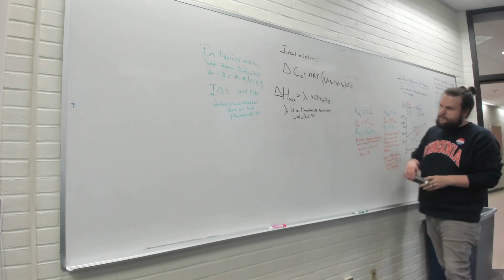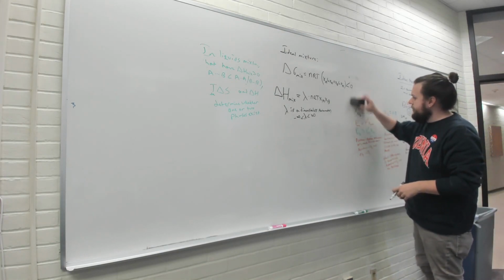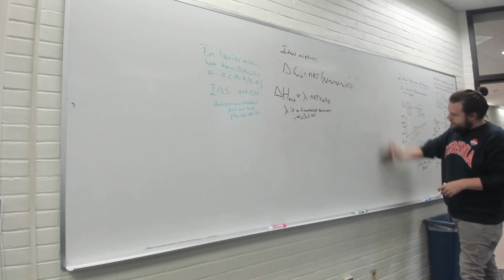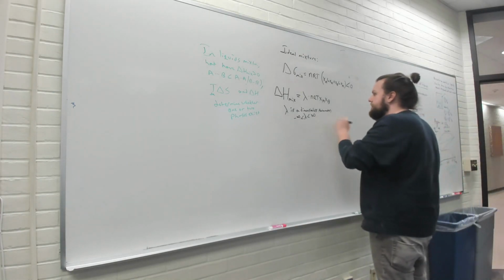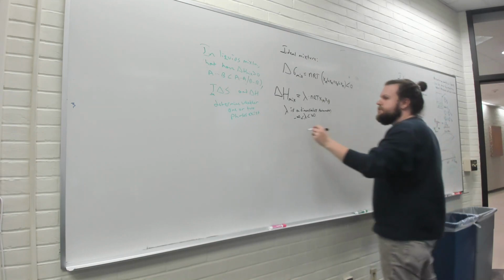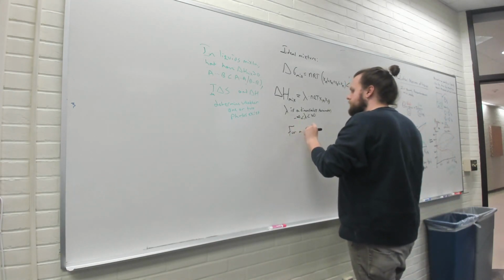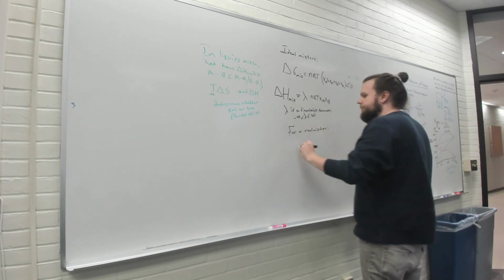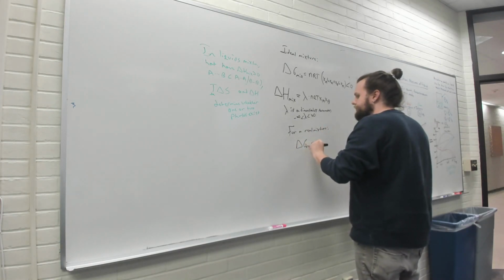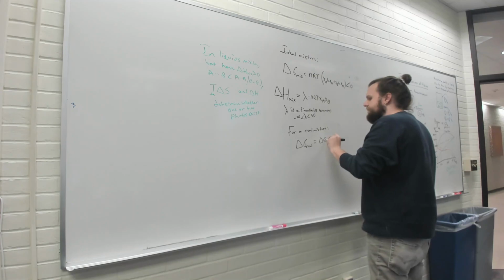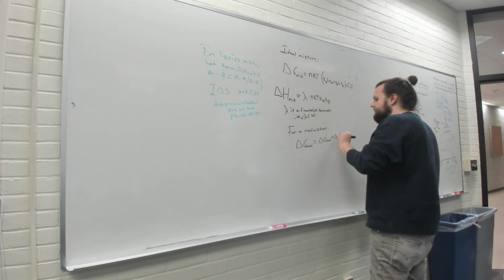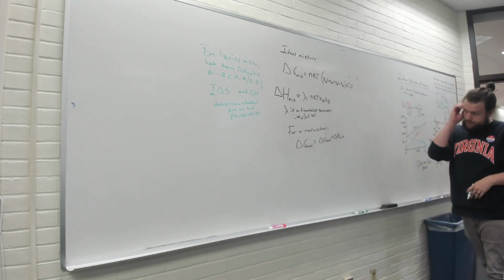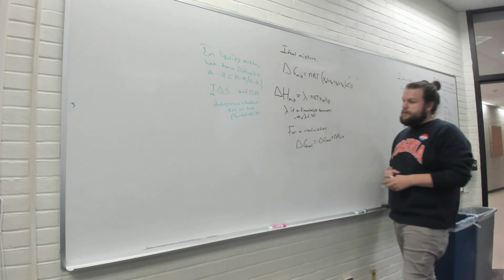And I want to look at the limiting cases here. So when I do this for a real mixture, delta G real, if you will, is going to be delta G ideal plus delta H mix. We have to add that additional enthalpy.